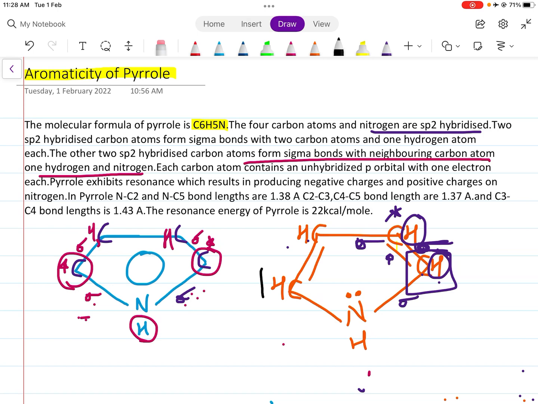So it will form 1 with the nitrogen, 1 with the neighboring carbon, and 1 with the hydrogen. So it will form like this.